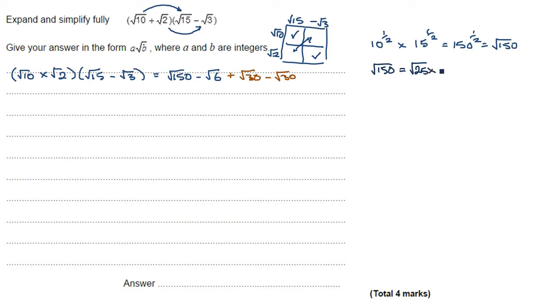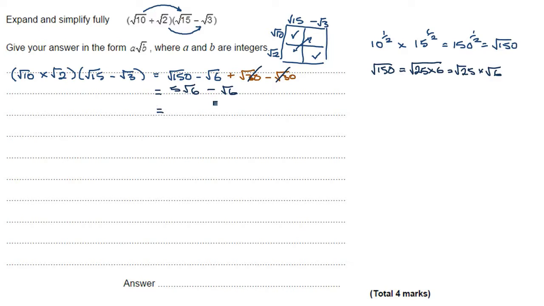So 6 times root 25, and this again can be split apart, root 25 times root 6. So we can now rewrite this. Root 25 is 5, so we've got 5 square root of 6. So 5 root 6, subtract our root 6. And we've eliminated these here, so our answer is pretty much there.